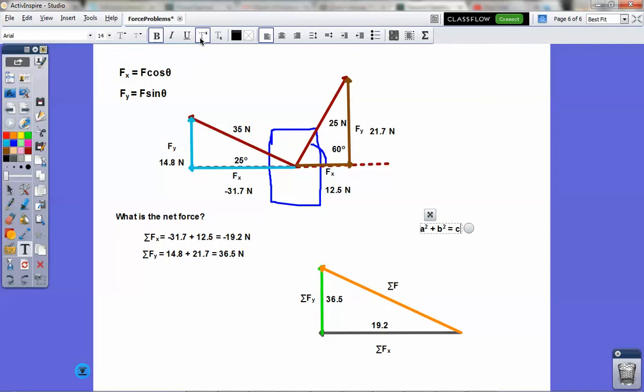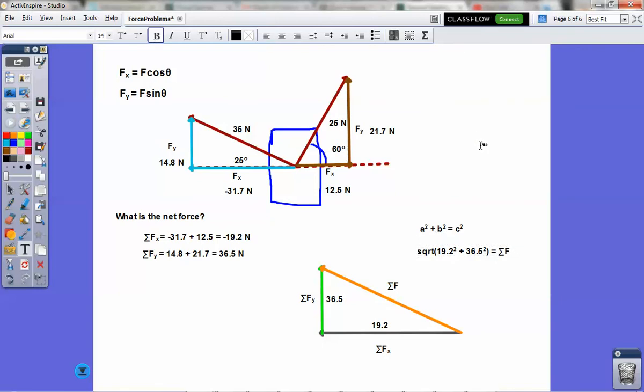And as with the previous problem, I just take a squared plus b squared and square root that. That would give me this net force here. So I'm going to do 19.2 squared plus 36.5 squared, and then the square root of that entire thing, and that will equal the net force.